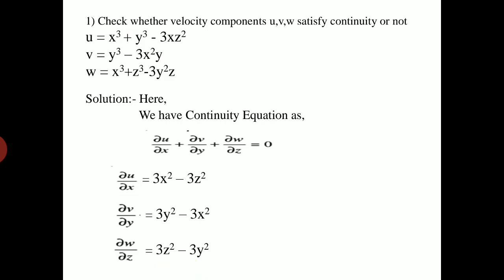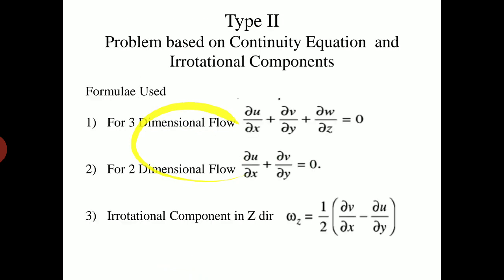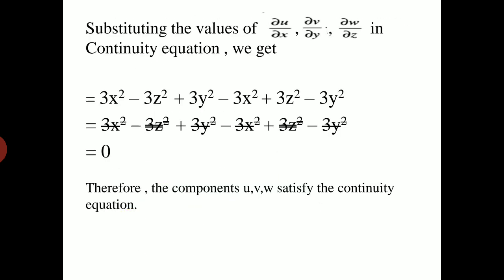Now we need to substitute all these values in this continuity equation. So we are getting 3x square minus 3z square plus 3y square minus 3x square plus 3z square minus 3y square, which is equal to 0. So thus it is satisfying the continuity equation.